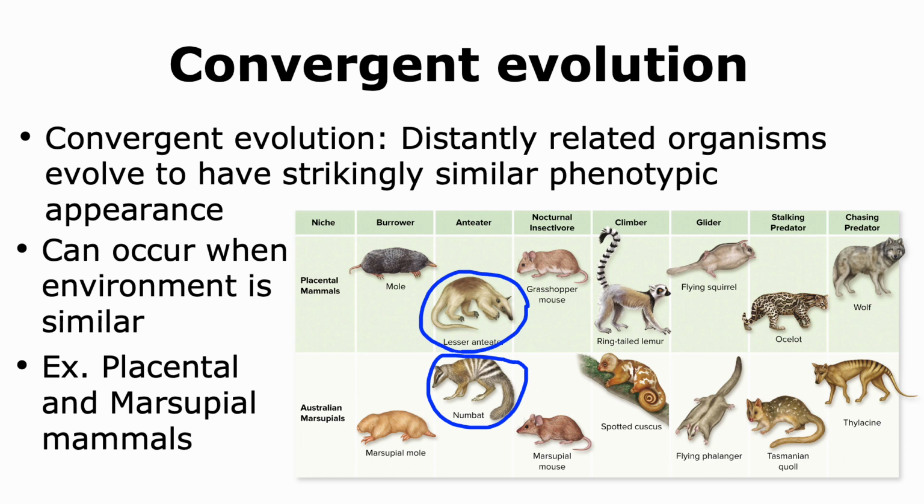And so there are many other examples of organisms that are present in two totally geographically different regions and are different types of organisms, in that one is a placental mammal while the other is a marsupial mammal. However, they show strikingly similar phenotypic appearances because the environment that they were in was similar, that allowed them to evolve similar features.